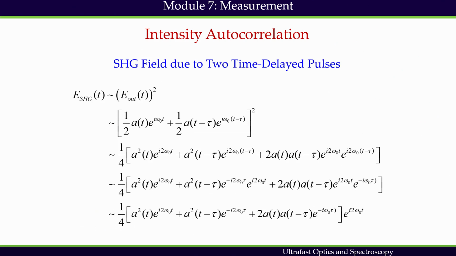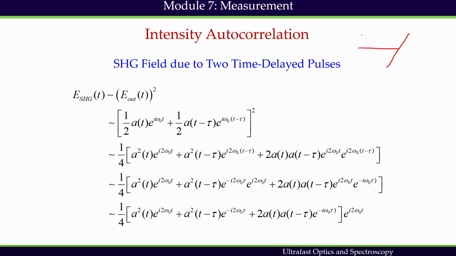So if we look at one more time the expressions which will be responsible to create second harmonic beam, here we have 50-50 beam splitter.